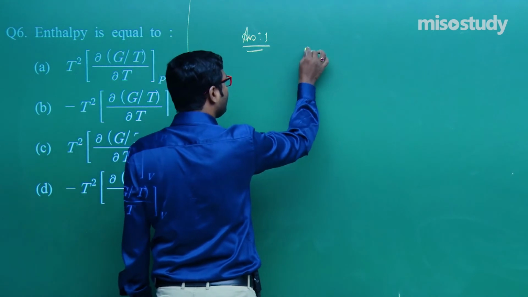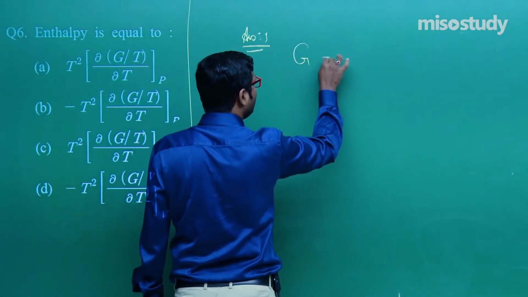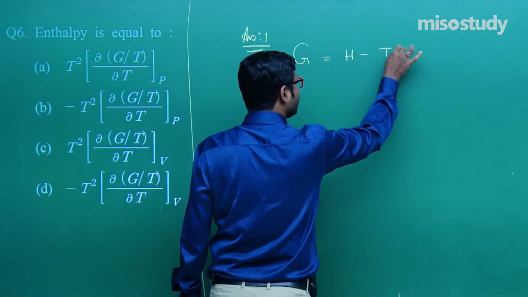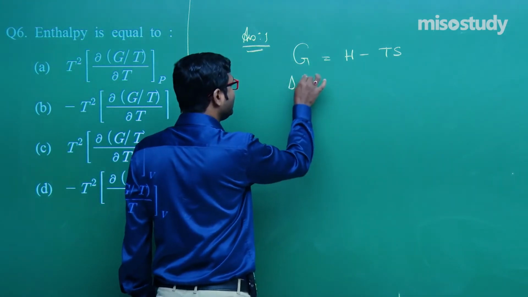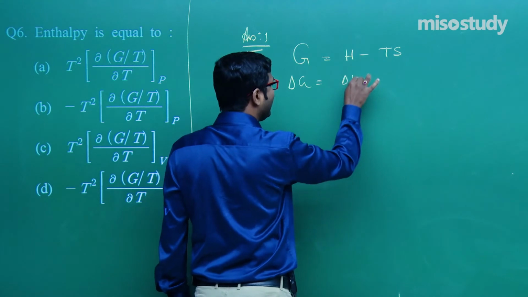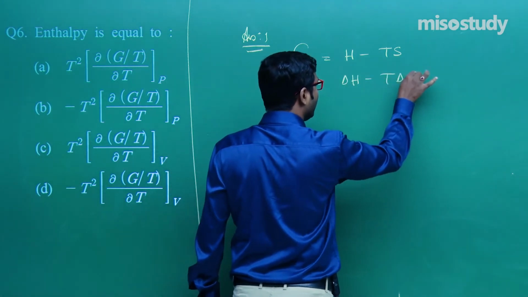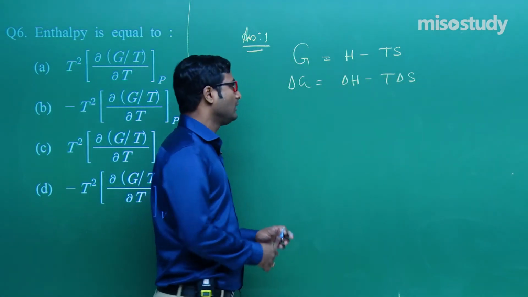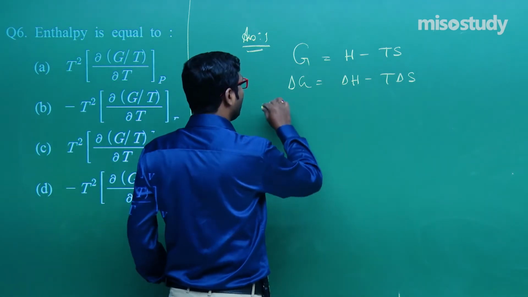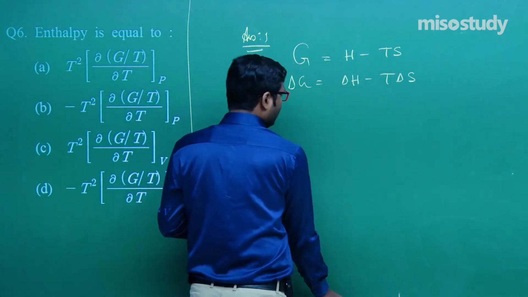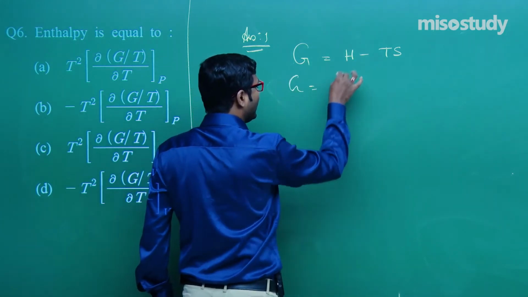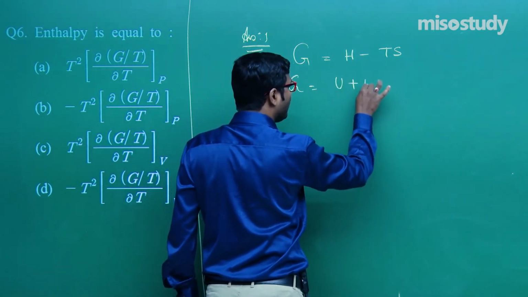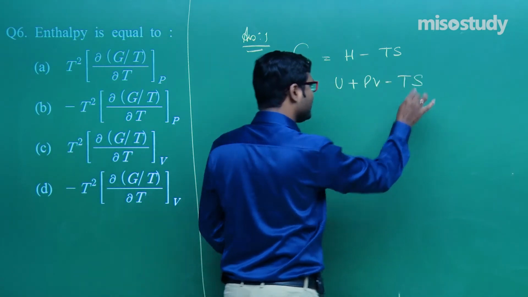As we know, G is equal to H minus TS. Clear? And delta G is equal to delta H minus T delta S. Or we can also write it like this: G is equal to, as we know, H is equal to U plus PV minus TS.